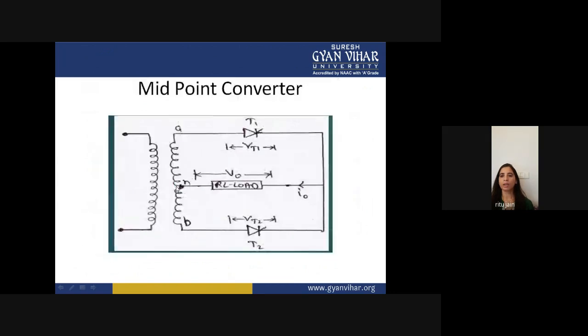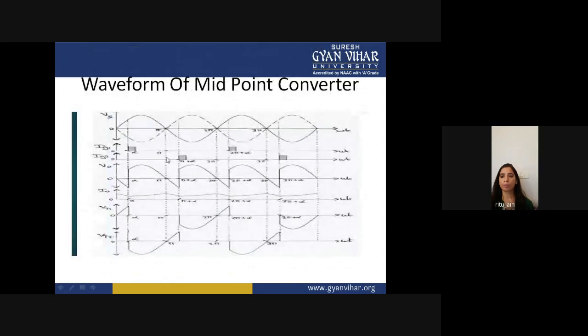You can see in the diagram the load is inductive. When the load is inductive, due to this inductor the thyristor will not turn off at this point. So it will conduct in the negative direction, and you can see that you are getting the output current from pi plus alpha.